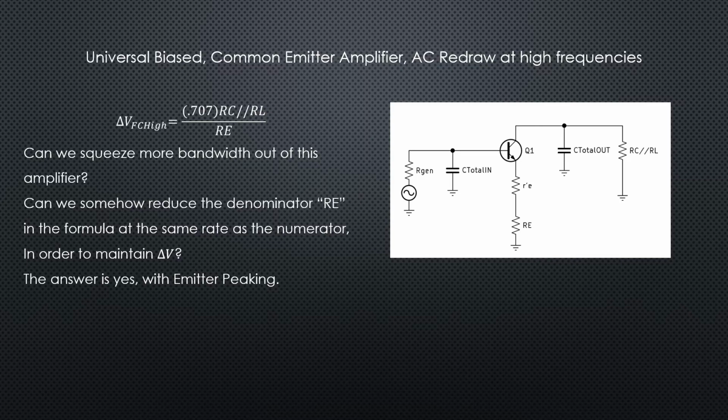So if we could bring RE down in the denominator at the same rate that the numerator is falling, then as one comes down, it's factoring back out, keeping our delta V, or our voltage gain, the same. And that's what emitter peaking is attempting to do.